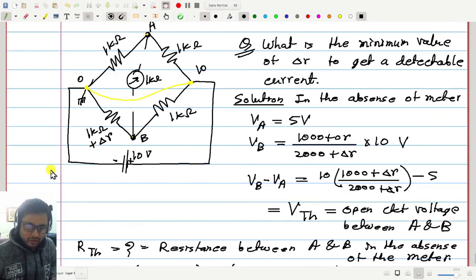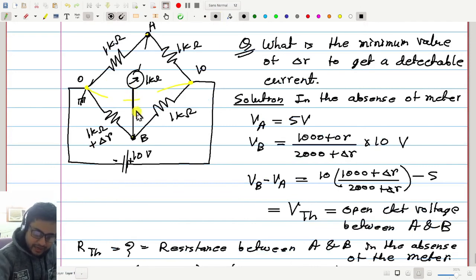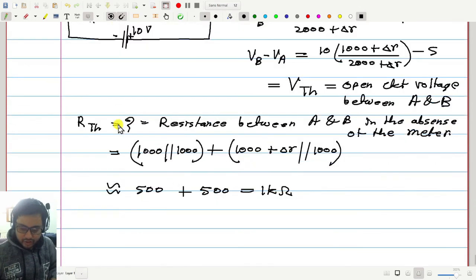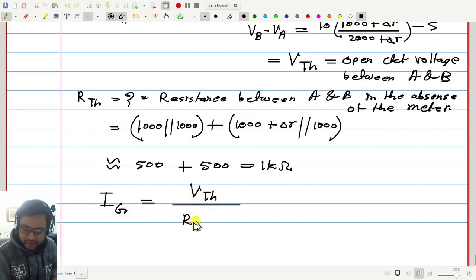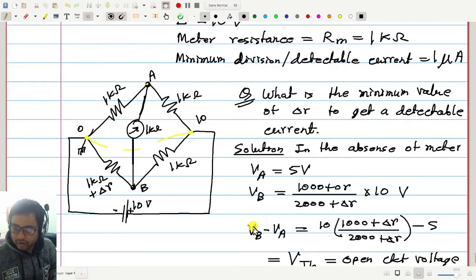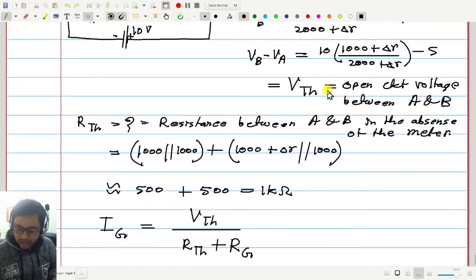So now when we connect this galvanometer, how much current will flow through the galvanometer? Use Thevenin theorem. So galvanometer current Ig will be V Thevenin divided by R Thevenin plus R galvanometer, or I am using a different symbol, R meter.